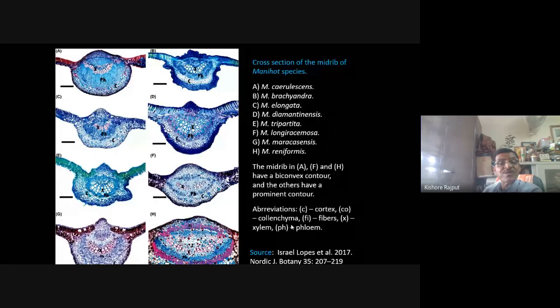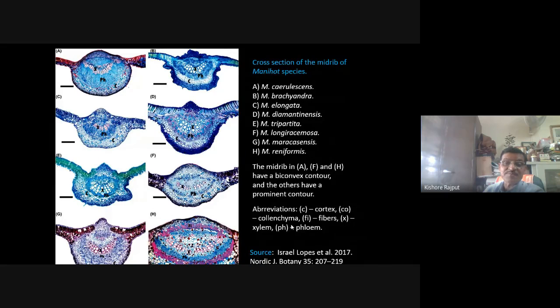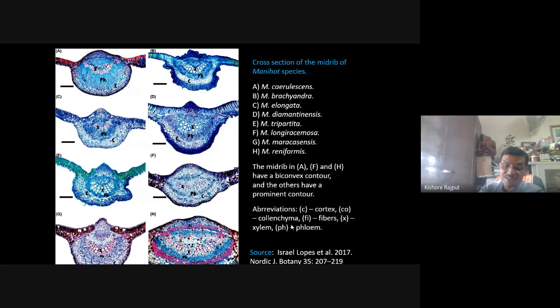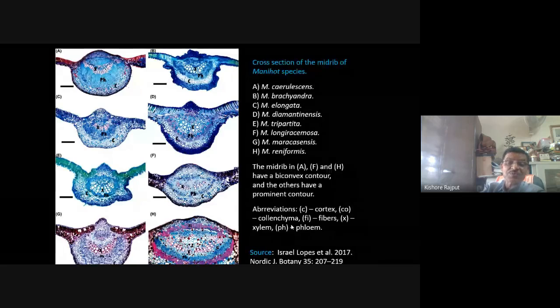And this is the cross section I'm showing, from Lopez et al. In Manihot, all the species can be distinctly separated out by using petiole anatomy. And here I just want to show you how the vasculature varies from species to species within the genus also.